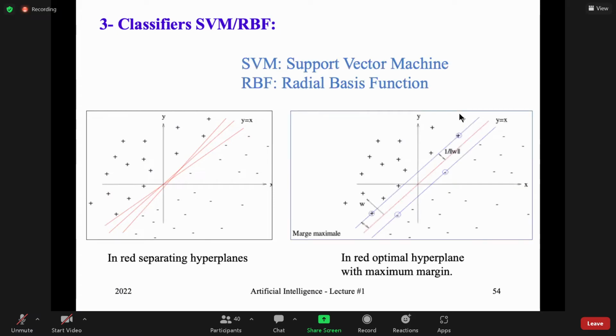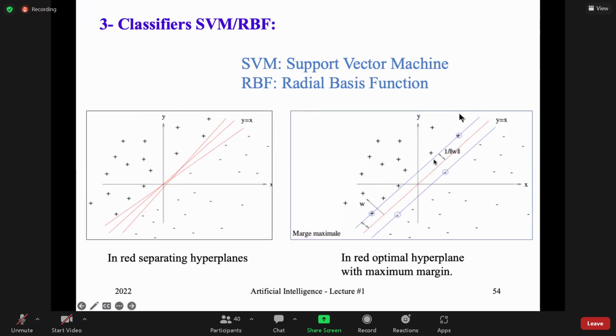So the idea, in fact, is to consider a margin, and that is what we do with a support vector machine. We have the theoretical line separation here. It's linear, but as we may be on the border, we can have some mistakes.